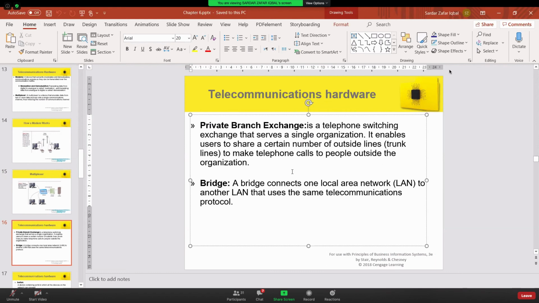So they create one private exchange, or branch telephone exchange, so that employees working in one organization can communicate with each other. Okay? Did you get this point, guys? Yes, Doctor.